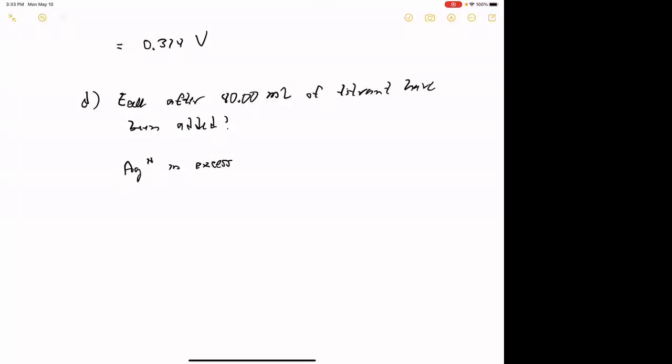I'm not saying that no silver ion comes from the dissociation of the silver chloride we make, but the assumption we make is that once the silver ion goes into excess, the amount of it that we have from the titrant is going to far be in excess of whatever tiny amount is going to come from the salt. Okay, so generally we would just neglect the dissociation of the salt in this case.